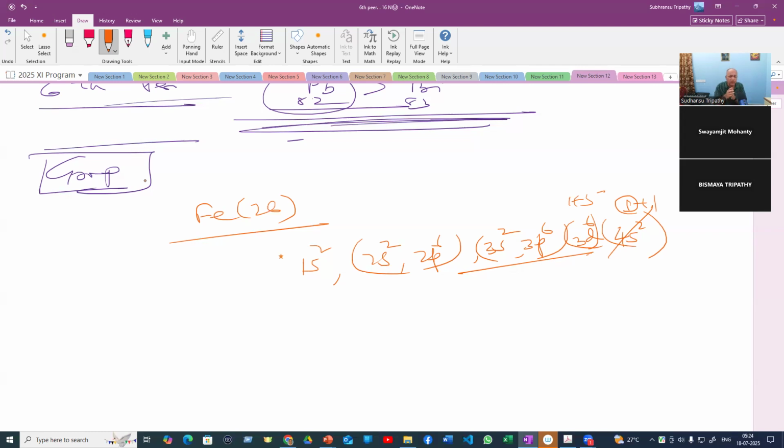But once you are going for any D, 3D, ignoring that 4S is absent, or it is there, we theoretically are going to find. So once 3D is the outermost one, for the remaining electrons, it is 0.35.